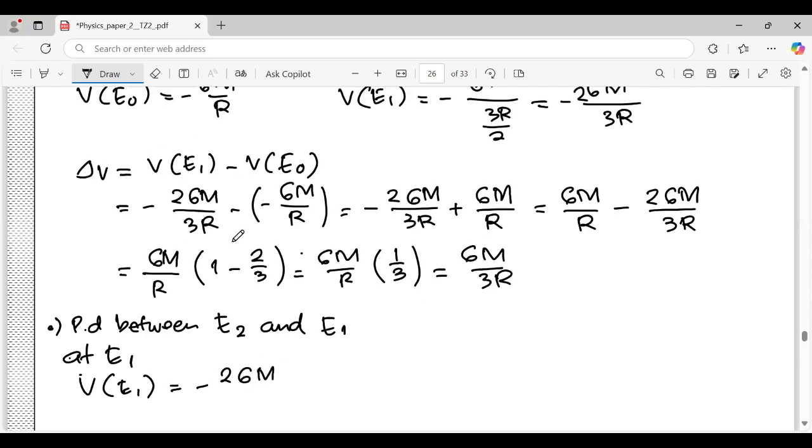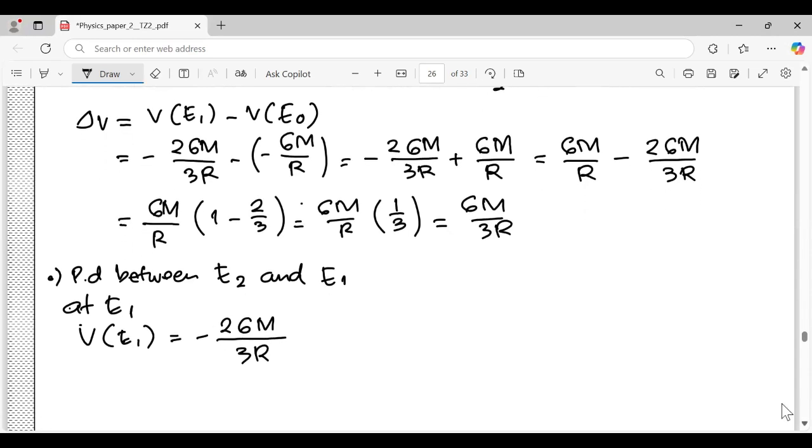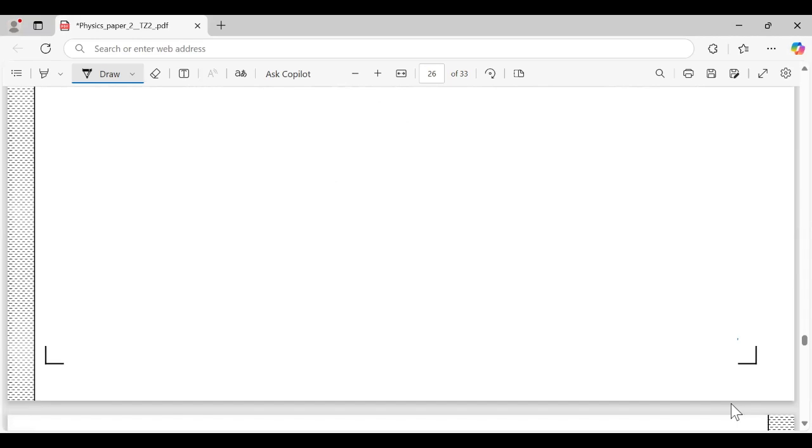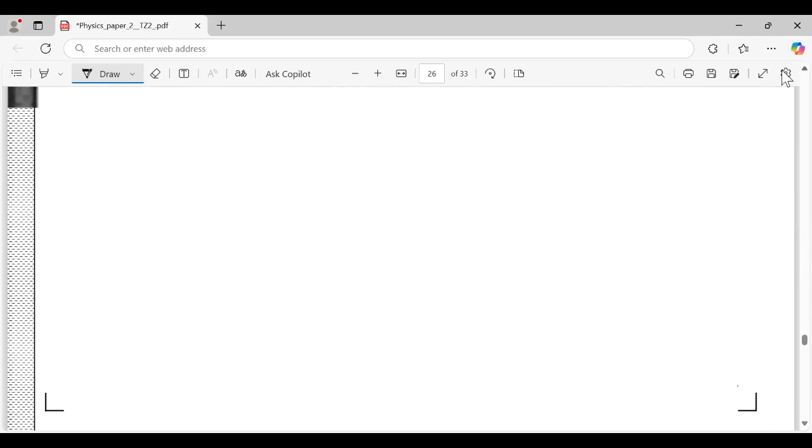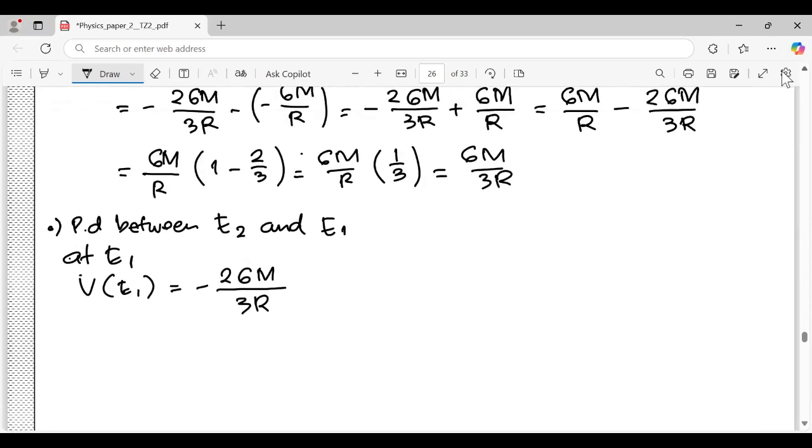This one over 3r. Okay, wait. We're connecting to electricity.